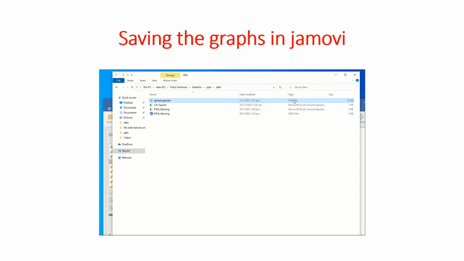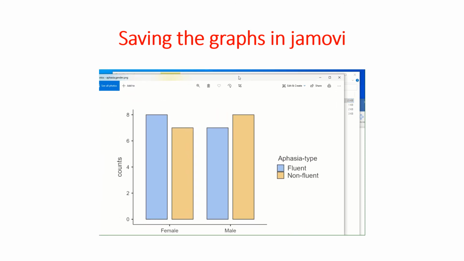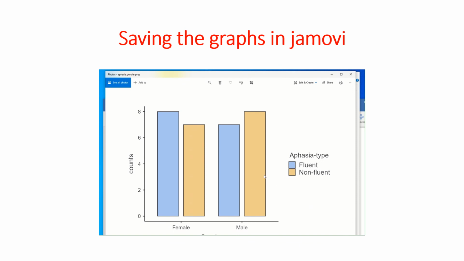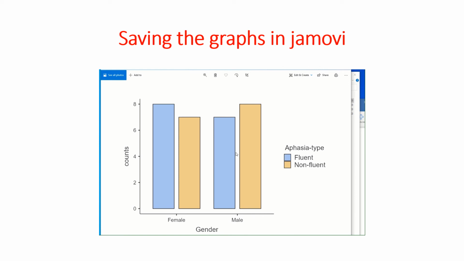There is a PNG file saved here in my directory. I click on it, and yeah, that's exactly the same plot I created in Jamovi. Now I have it here. I can just save it here, and if I want to use it later on, I can easily retrieve it from here and integrate it into a PowerPoint presentation or Word document.